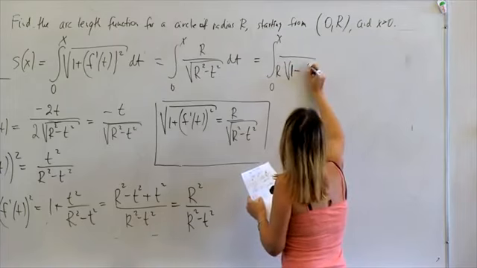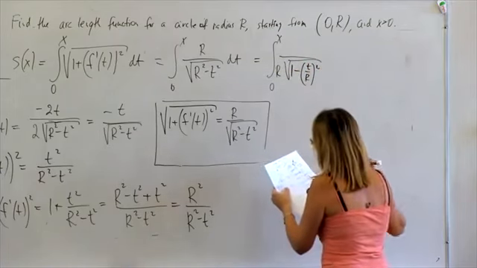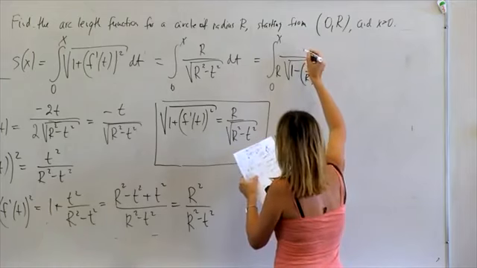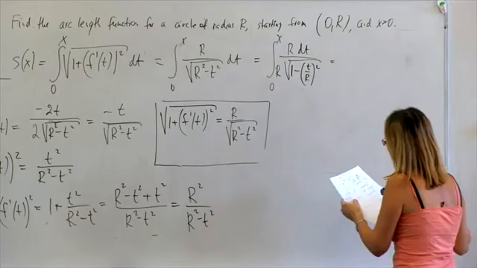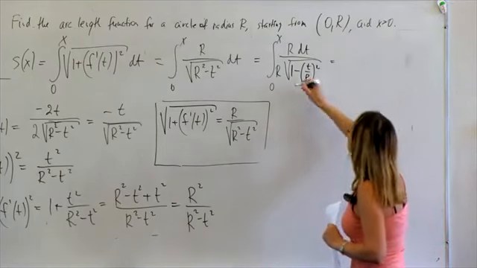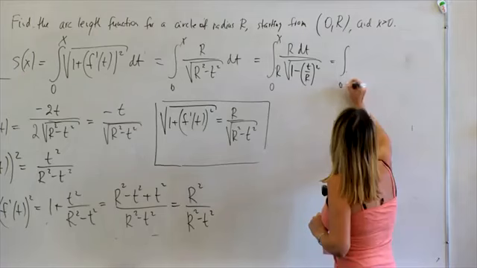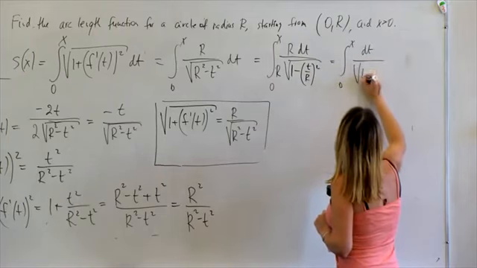So I have the square root of 1 minus t over r, squared, like this. And here I have r dt. Fine. So one more step before we do a change of variables. I'm going to cancel this capital R.